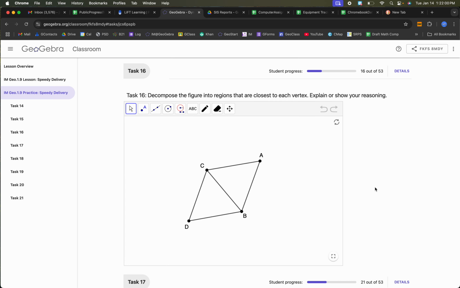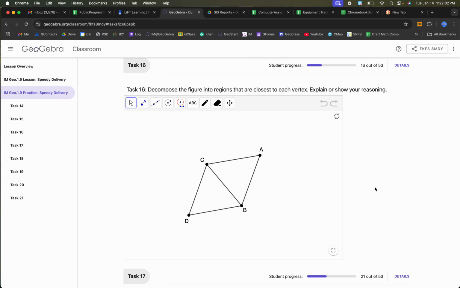Task 16. Decompose the figure into regions that are closest to each vertex. Explain or show your reasoning.